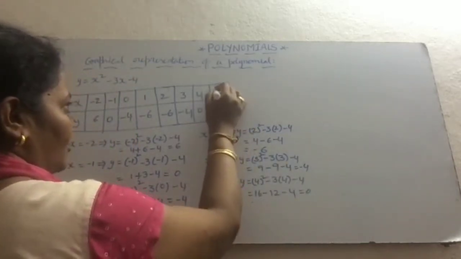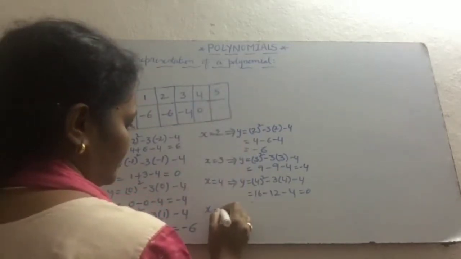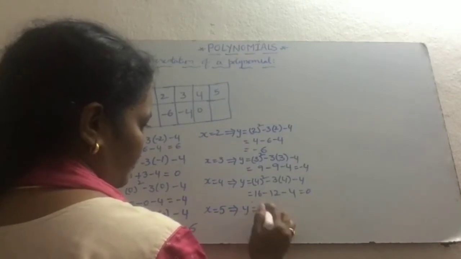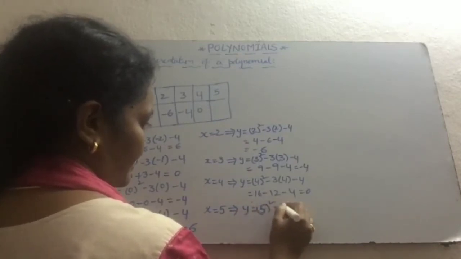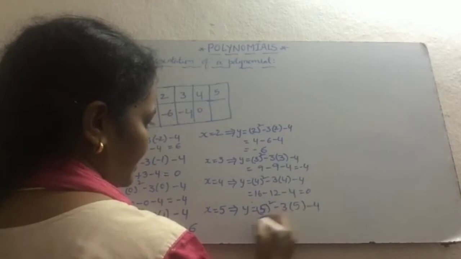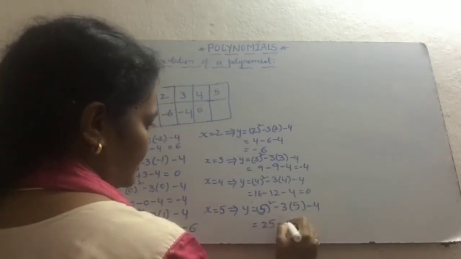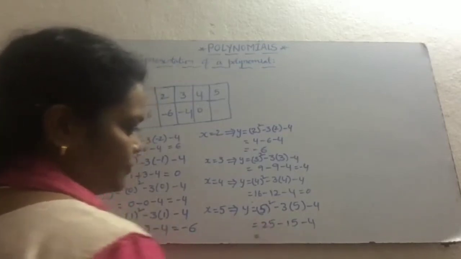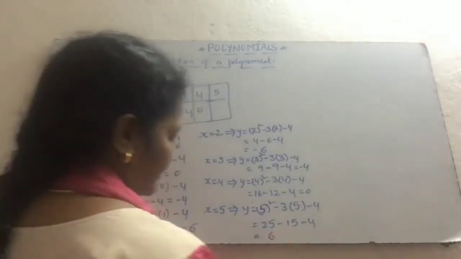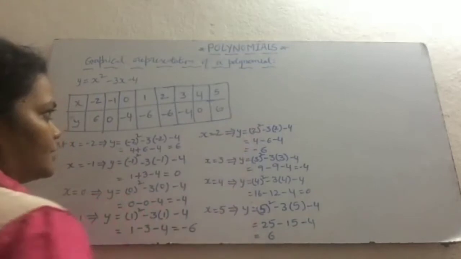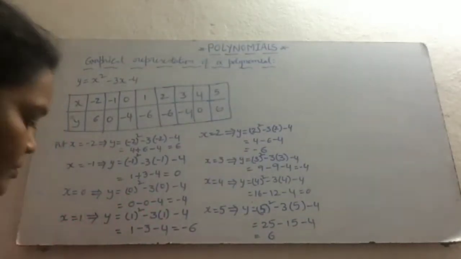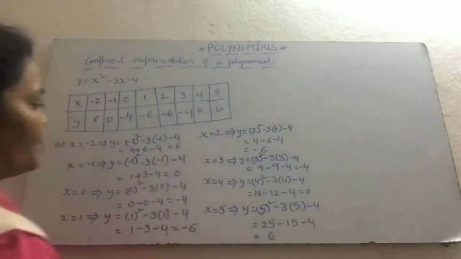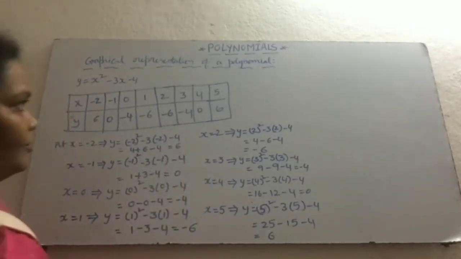If I take the value of x equal to 5, then the value of y equal to 5 whole square minus 3 into 5 minus 4. That means 25 minus 15, 10, 10 minus 4, 6. So 6.